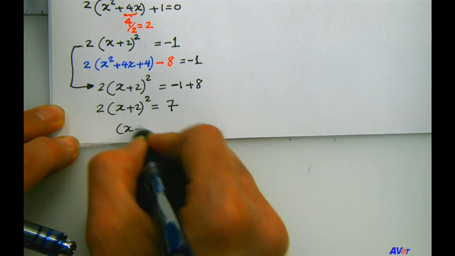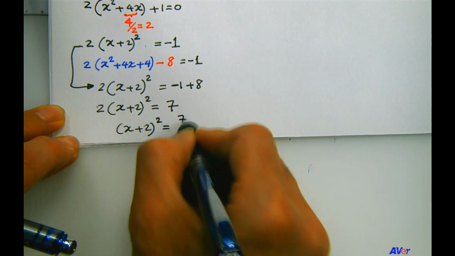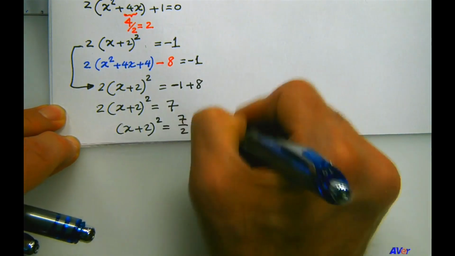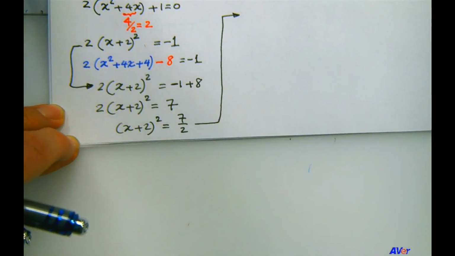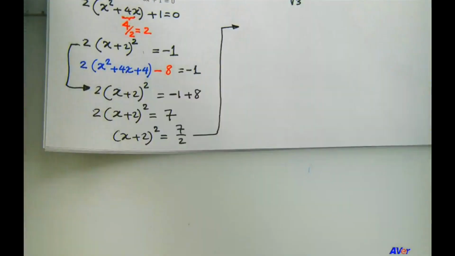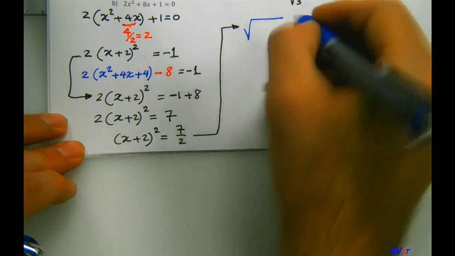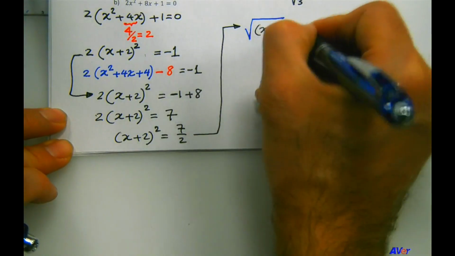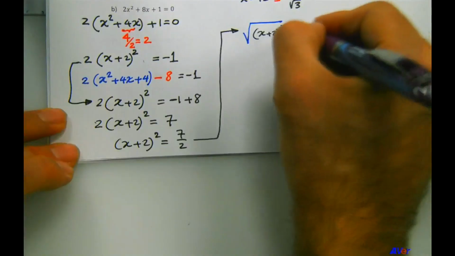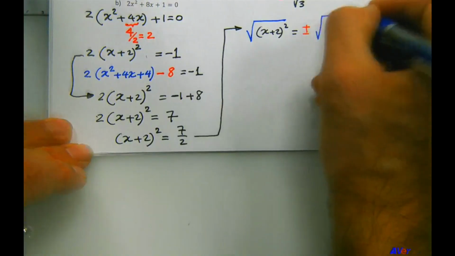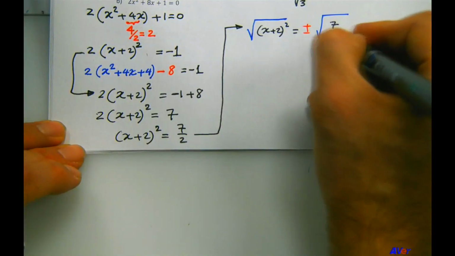So then x plus 2 squared is equal to 7 over 2, right? I divided both sides by 2. That's what we end up with. And then let's take the square root of both sides. So we have the square root of x plus 2 squared equals plus or minus the square root of 7/2, right?